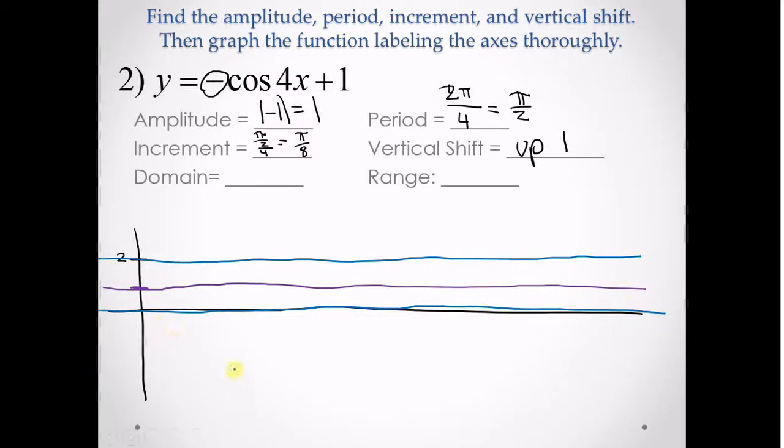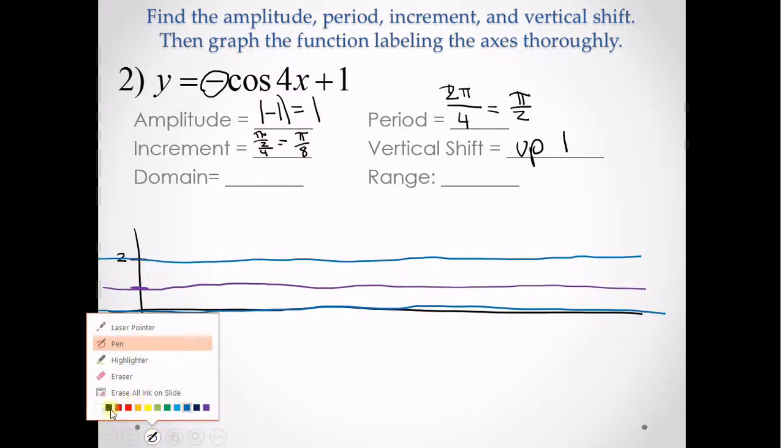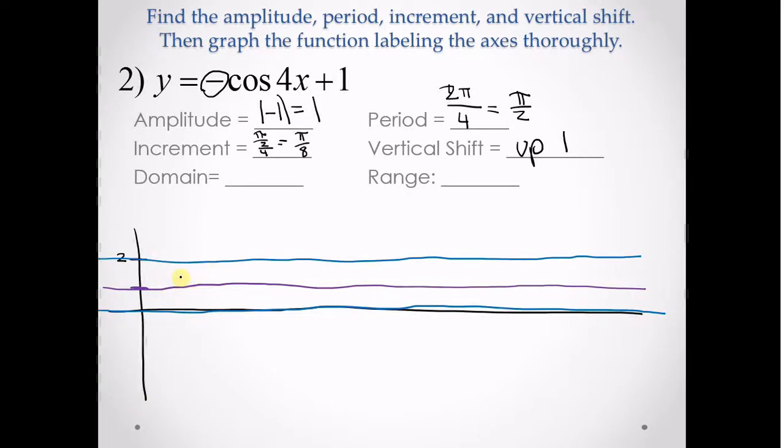There we go. So now, let's label our increments. I have pi over 8. So pi over 8 here. 2 pi over 8, which is pi over 4. 3 pi over 8.